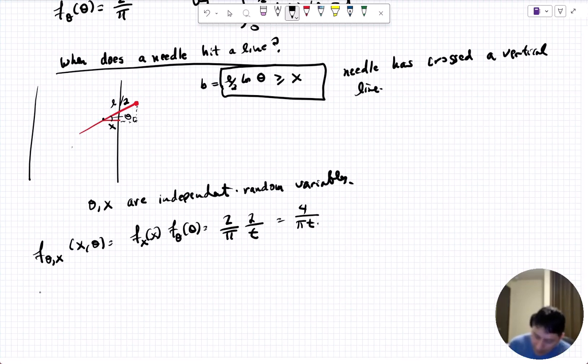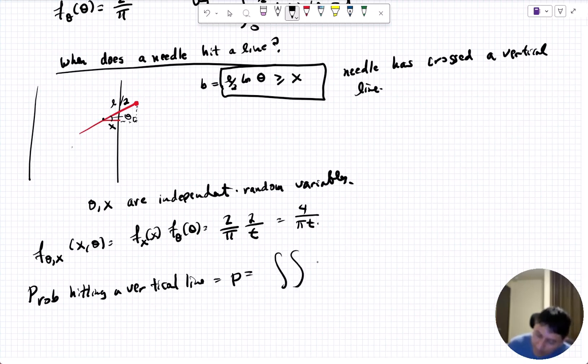Now, the probability of hitting a vertical line. So let's call that little p. Now we're going to do a double integral of the density function of x and theta, x comma theta, dx d theta.